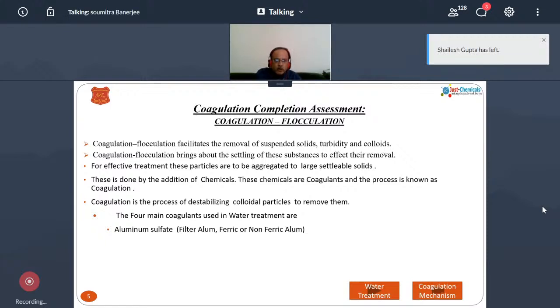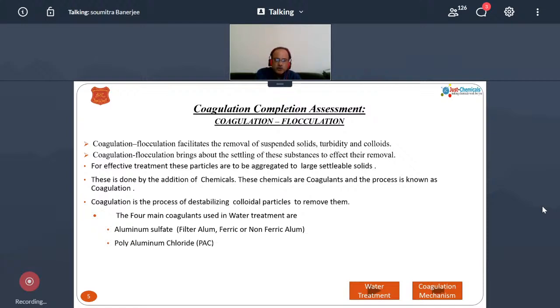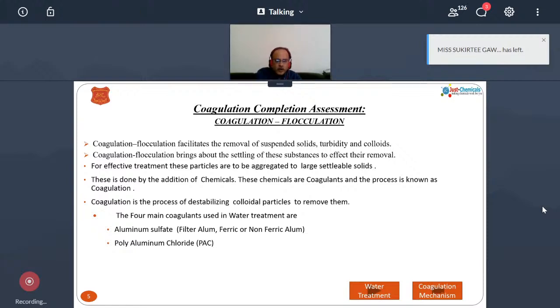For effective removal, particles have to be aggregated into large settleable solids. This is done by adding chemicals known as coagulants, because the process is known as coagulation. This process normally uses four main types of coagulants: aluminum sulfate, that is ferric alum, alum or non-ferric alum, filter alum.